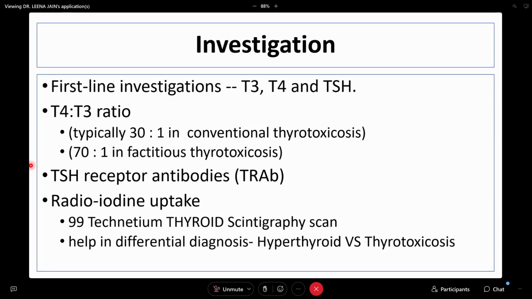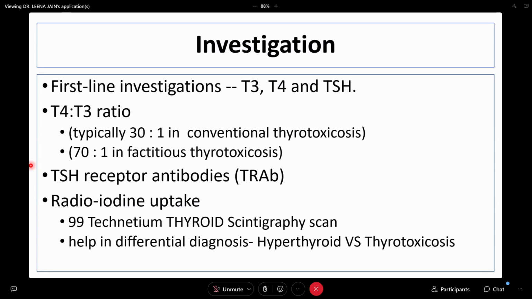Typically there will be a 30:1 ratio in cases of conventional thyrotoxicosis, so T4 will be 30 times higher than T3. In cases of factitious, it is a very false rise, and T4 will be 70 times higher than T3.